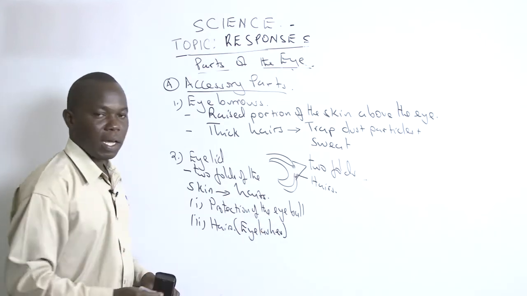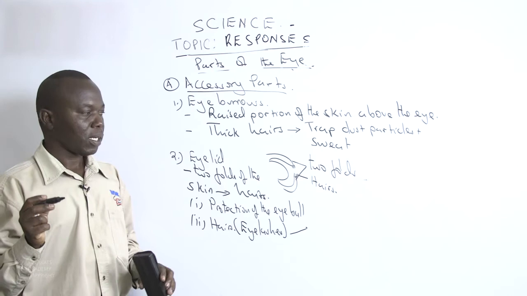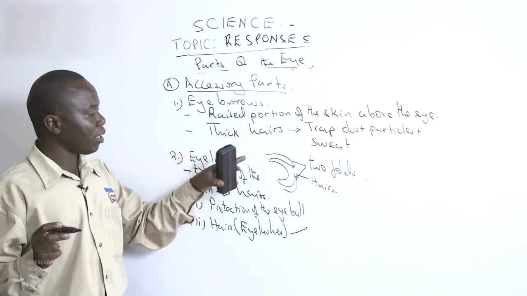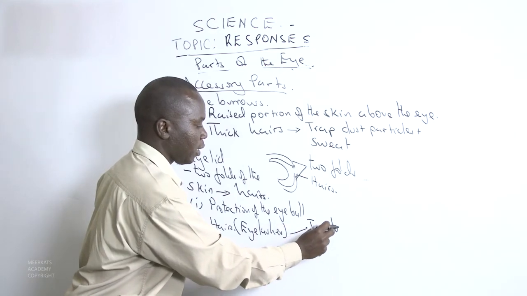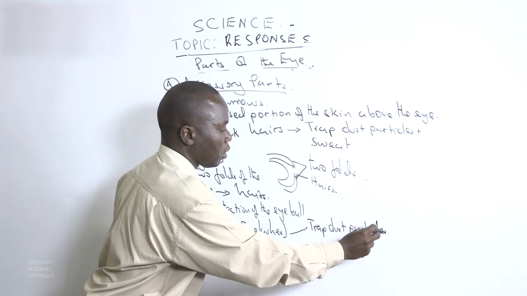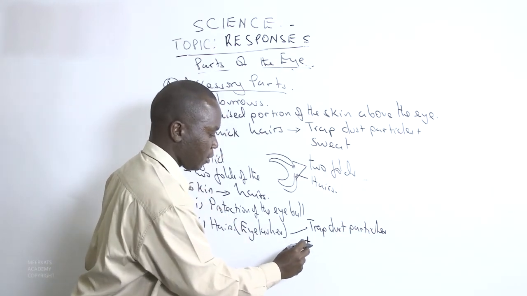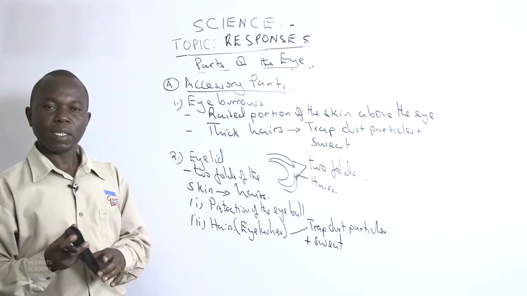They are called eyelashes. And the role is, again, just like for the eyebrows, to trap dust particles and sweat from getting into the eye.